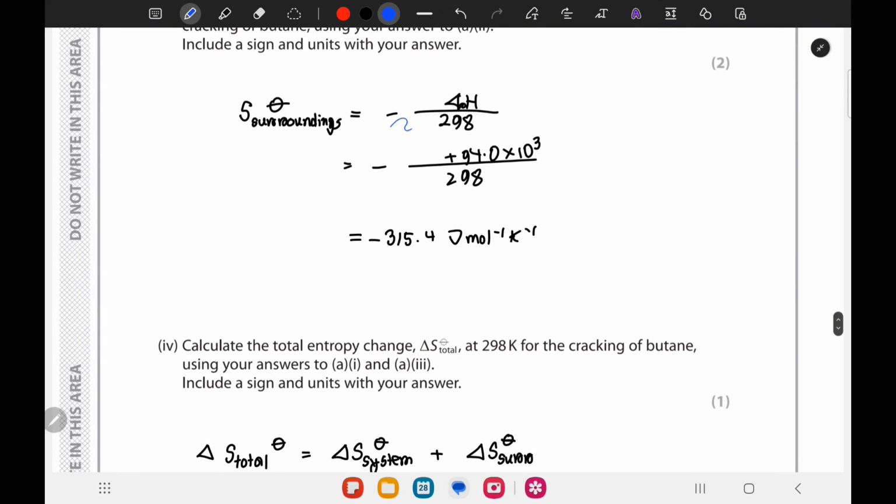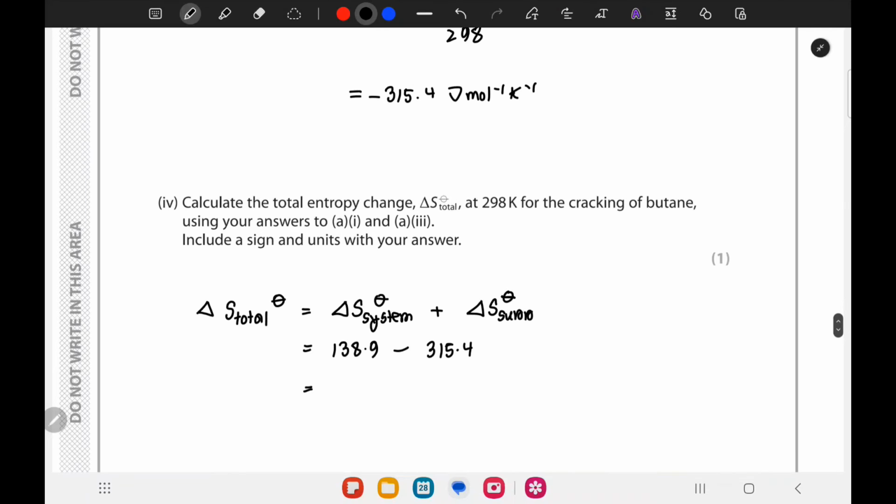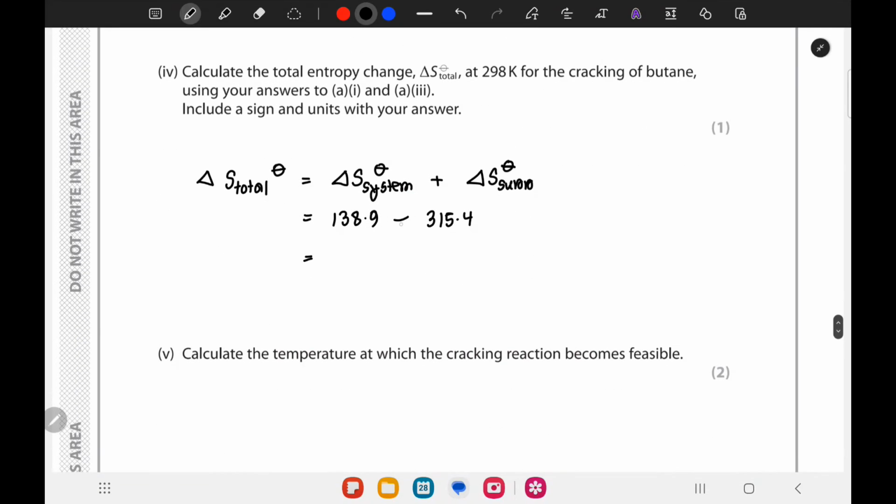My bad. So we have negative 315.4 joule per mole per Kelvin for del S surroundings and positive 138.9 for del S system. So in this case, del S total comes out to be minus 176.5 joule per mole per Kelvin.